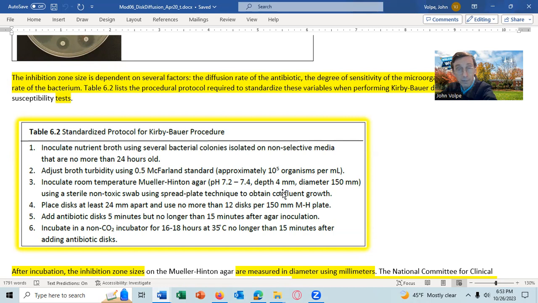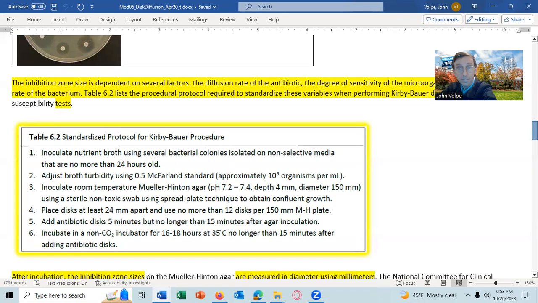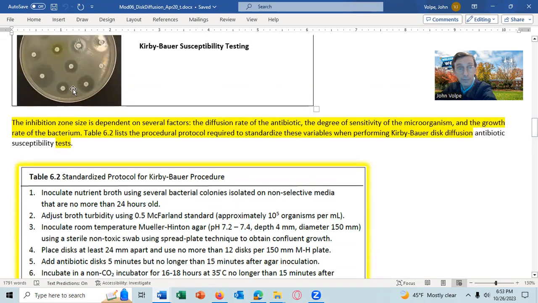And then we have a plate of 150 millimeters in diameter, and we take the bacteria and swab it onto that plate with a non-toxic swab to obtain confluent growth, so the bacteria will be growing everywhere. You then put the discs on so they're at least 24 millimeters apart.